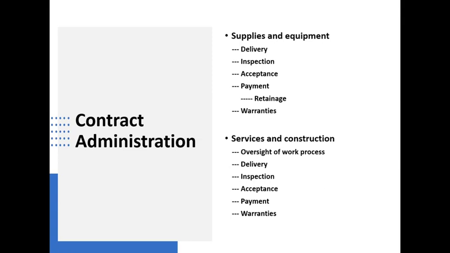So what are we talking about here? Delivery, enforcing delivery related to supplies and equipment, conducting inspection, making sure that the equipment that you bought works, make sure that the accounts that you asked for are actually being presented.